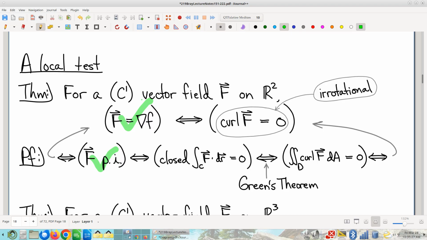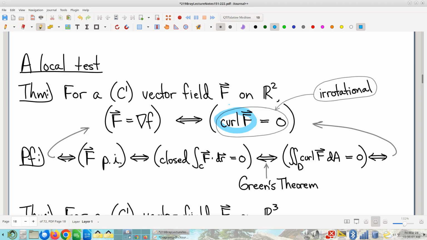What are we going to call a vector field whose curl is 0? And there's a great choice for this. Think about what curl means. What's our interpretation of curl? Our interpretation of curl is that it represents, in some sense, how much the fluid is rotating, or more to the point, how much stuff that is floating in that fluid would be rotating as a result of the way the fluid is flowing.